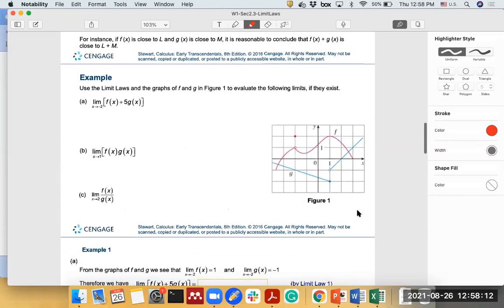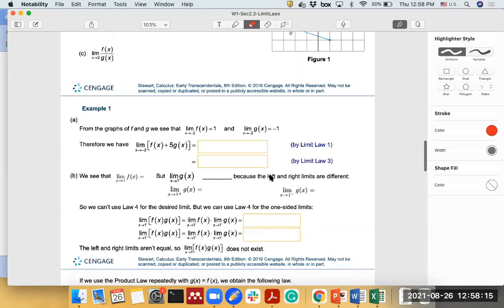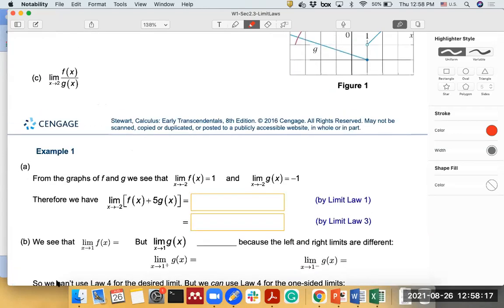Okay, very good. Now, the first one, there are some hints. First, this is the limit of a sum, right? There's a sum here. So the first law says that the limit of a sum will be the sum of the limits.